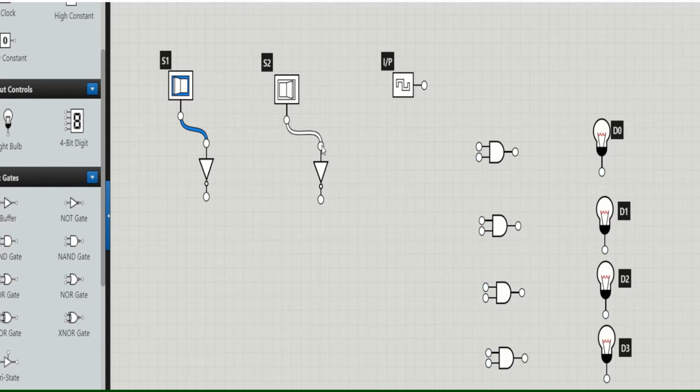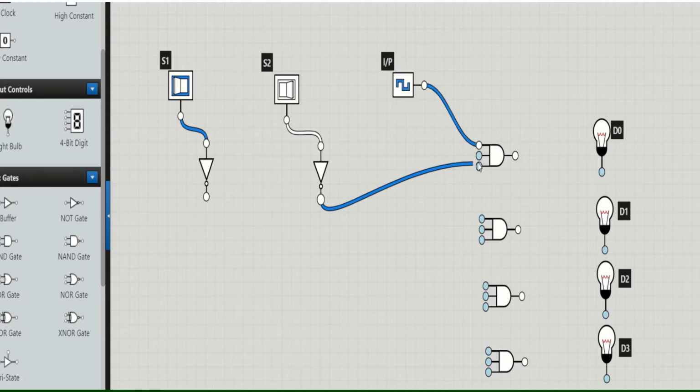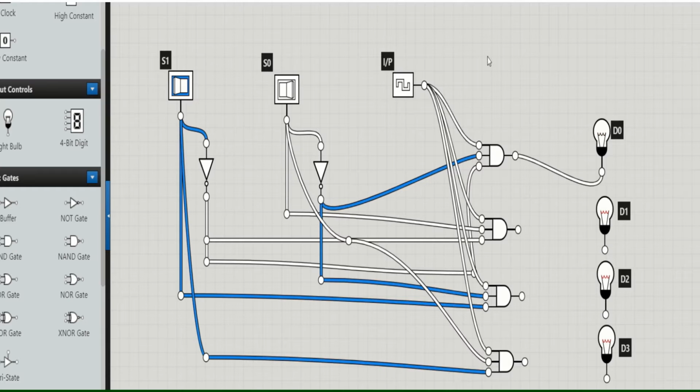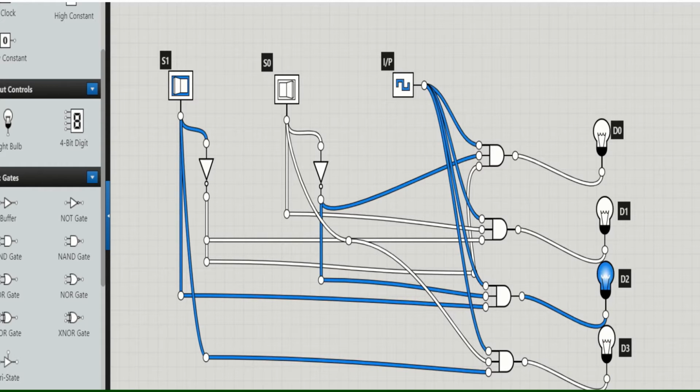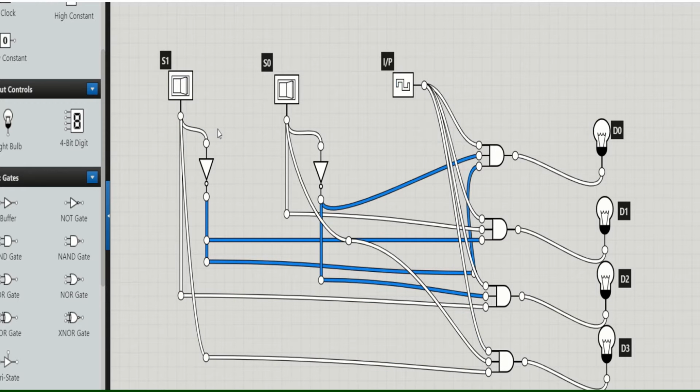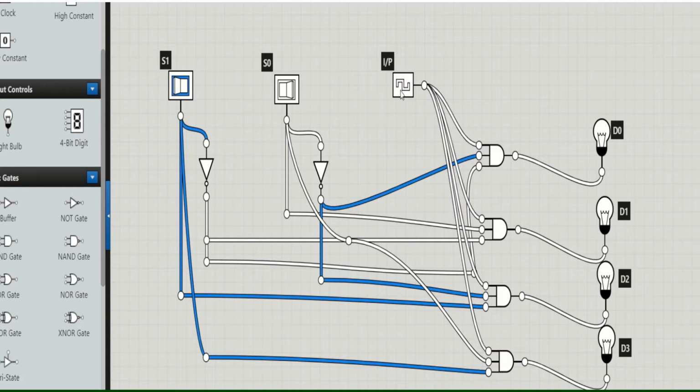We'll give the circuit connections. Next, we'll give the inputs to see the output.